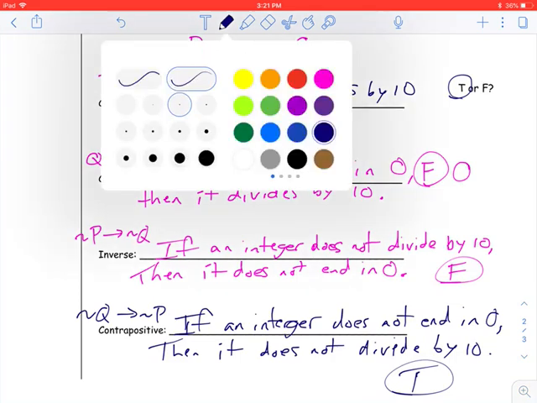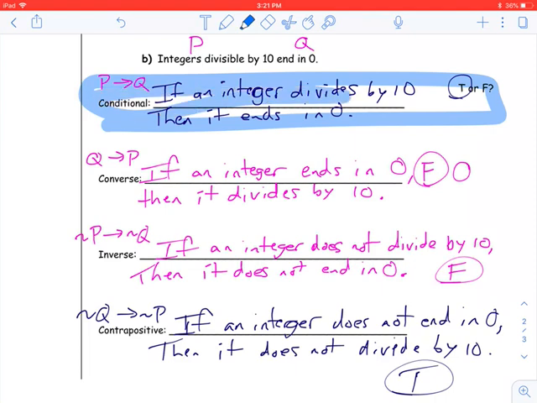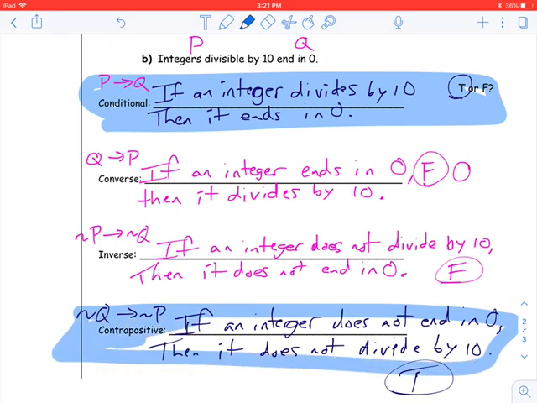But something to keep in mind here is when you're looking at these, see how these two go together? These two go together. Okay? So when you're going through these different things, if you have a conditional statement that's true, then your contrapositive is also automatically going to be true.